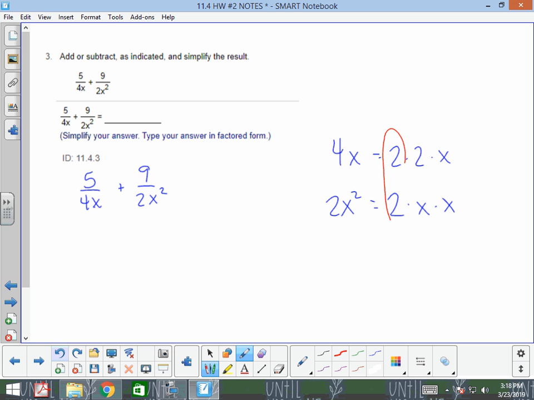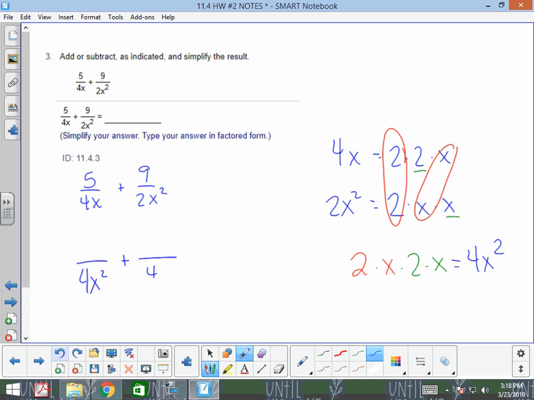So they have in common a 2. They have in common one of the x's. They don't have in common a second 2 and a second x. So multiply all those together, and our LCD is 4x squared. So this is our common denominator, our lowest common denominator.